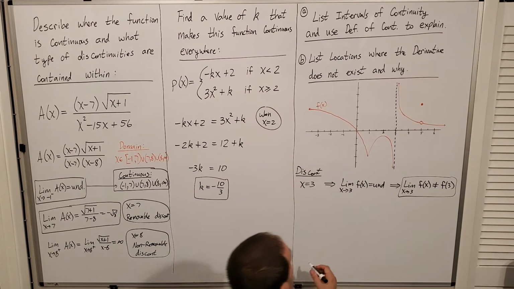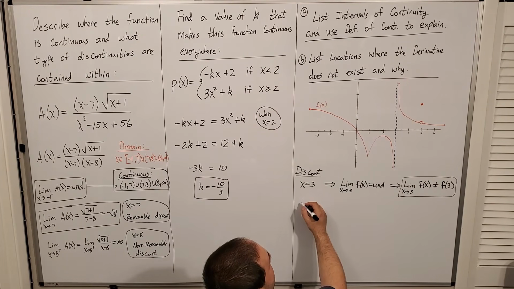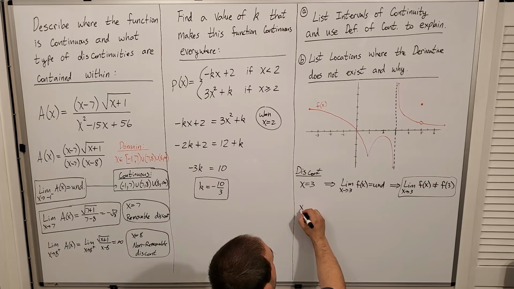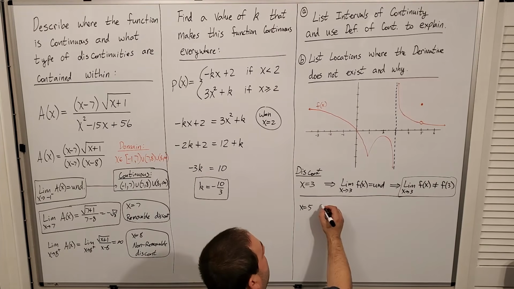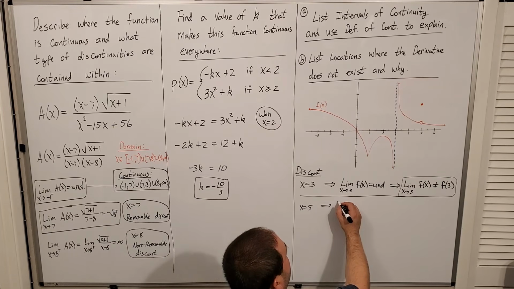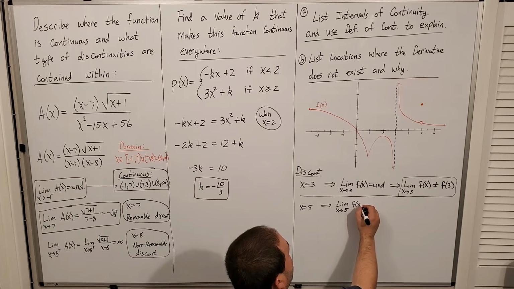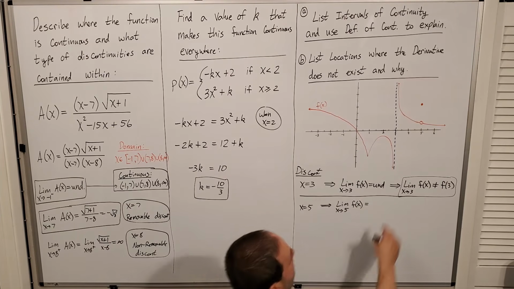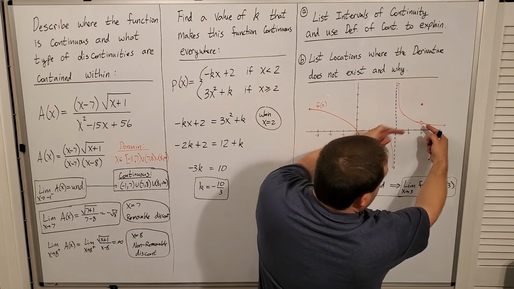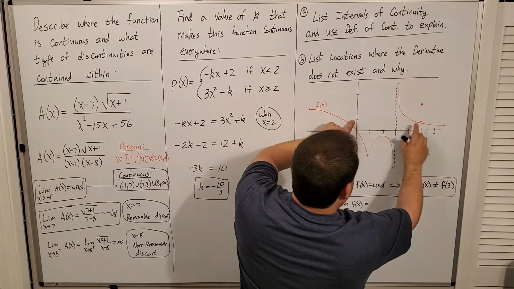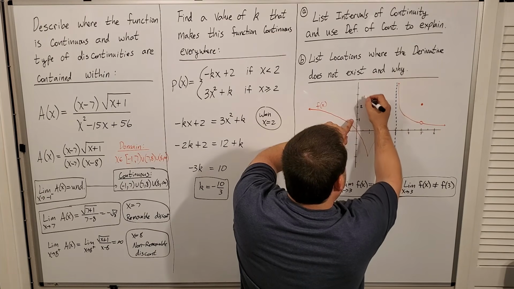Also, I have a discontinuity at x equals 5. This is because the limit as x approaches 5 of the function exists. From both sides, it approaches this circle right here. Let's number these the way they're supposed to be.